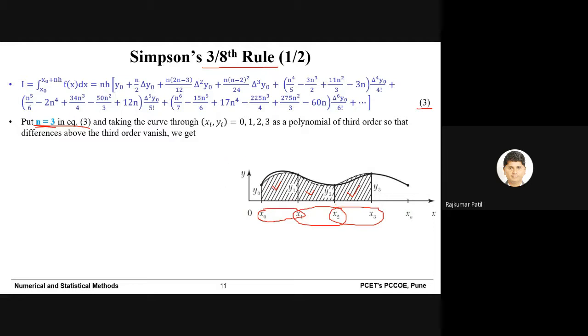And in order to calculate the area for these sub-regions, what we do, we connect y0 corresponding to x0, y1, y2 and y3 by means of a polynomial of third order. So you can see here, we connected these 3 points by using polynomial which is of order 3.